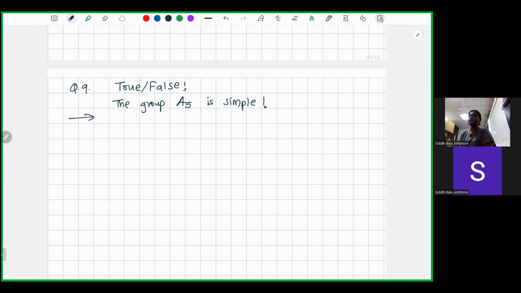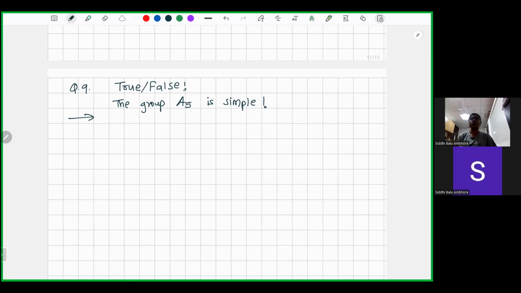And we also, in fact, proved that Sn is generated by transpositions. And we also use something called simple transpositions. And we also proved that not only A5, the alternating group for any n is generated by 3 cycles. We, in fact, gave a constructive proof.